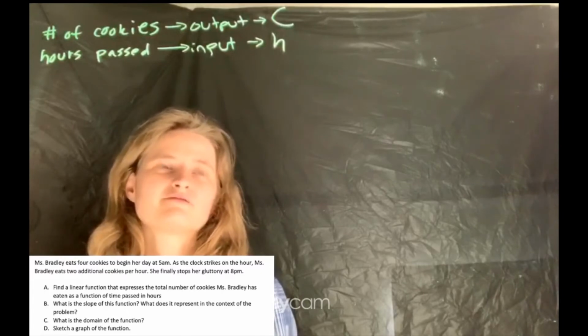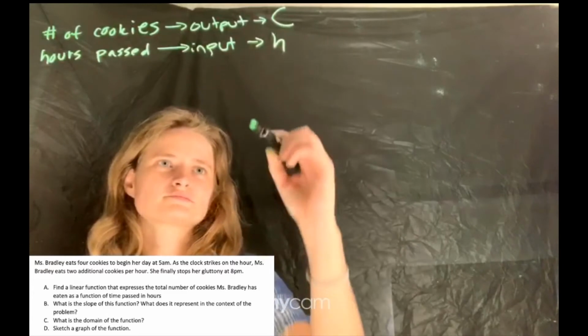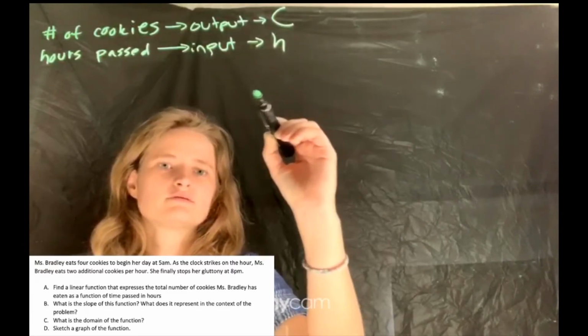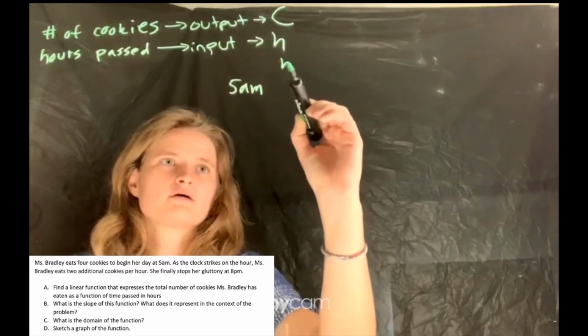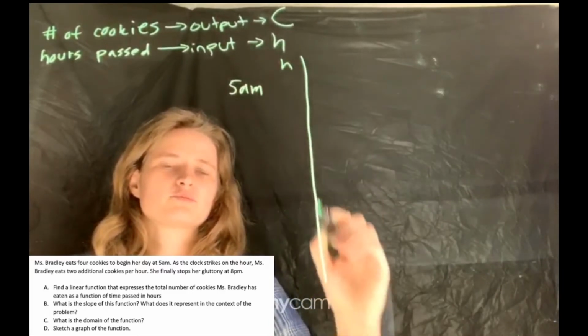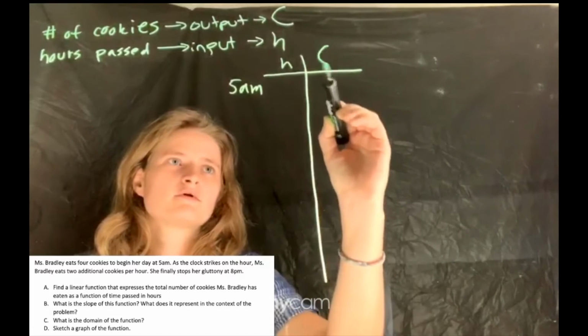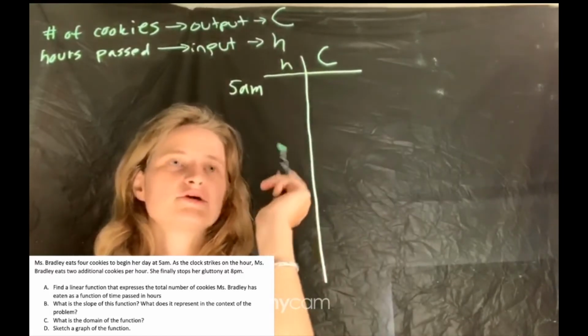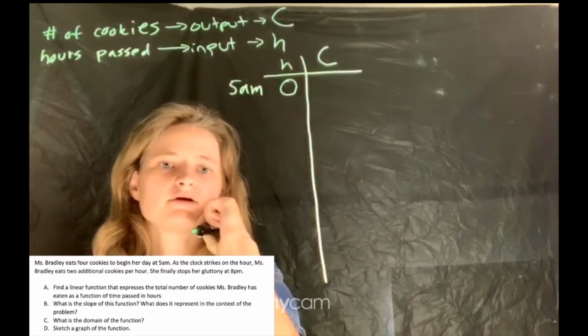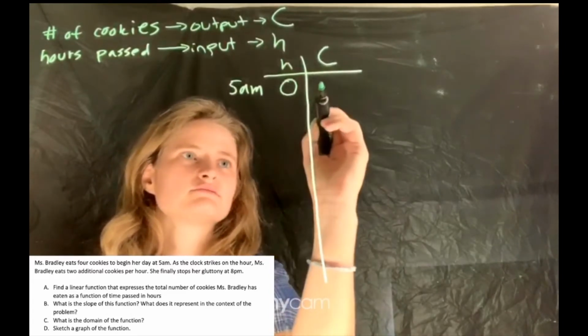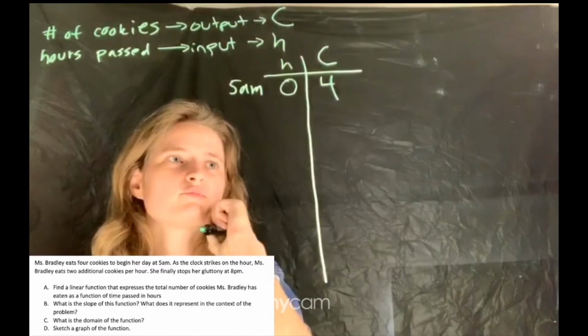Well, at 5 a.m. I had eaten 4 cookies. I'm going to make a little chart here looking for points. At 5 a.m., 0 hours have passed. That's when the problem starts. So number of hours passed is 0, and I'd eaten 4 cookies. So we already have a point that we can work with here.